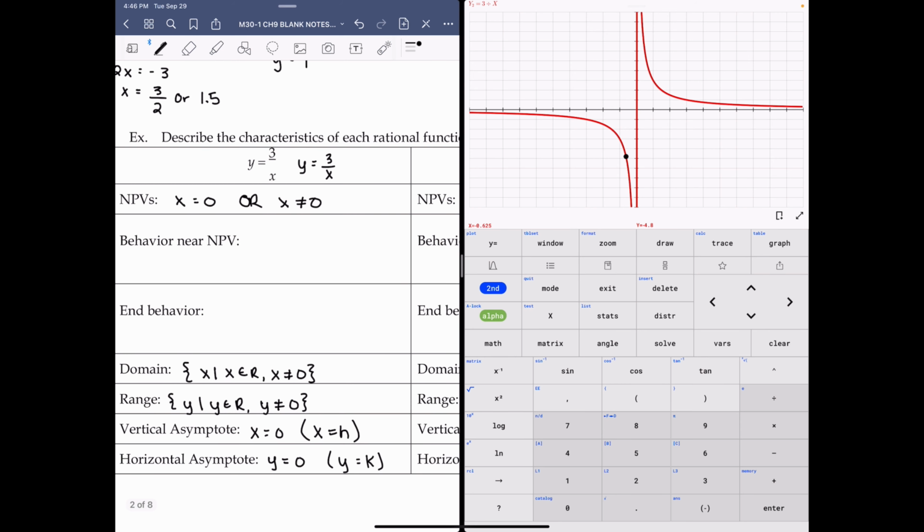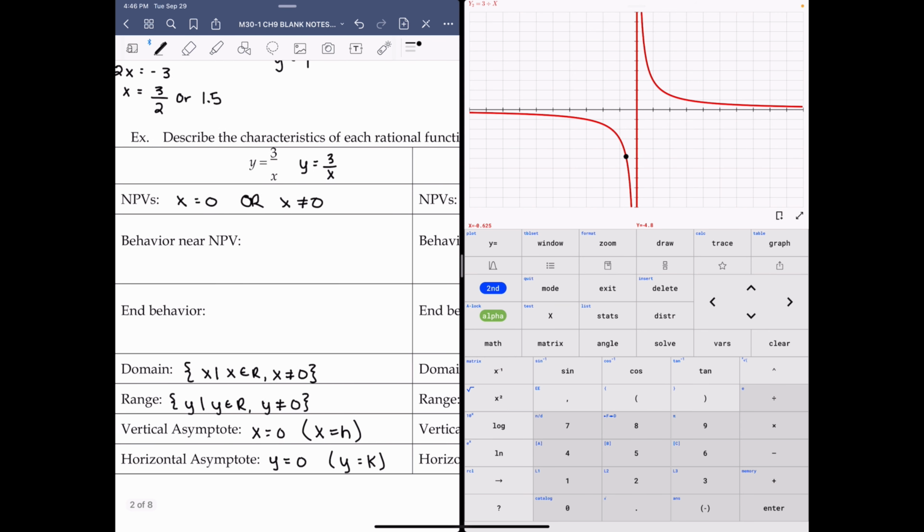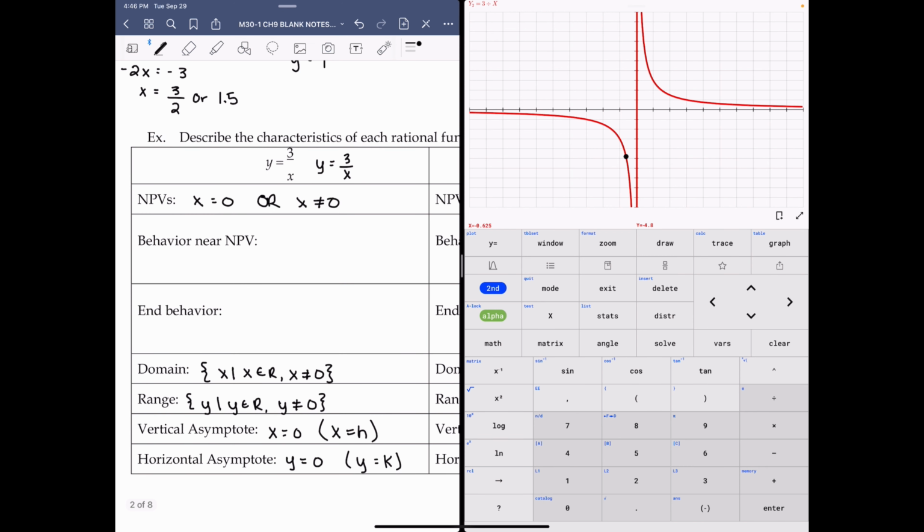All right, so behavior near the non-permissible value. The non-permissible value is what makes the denominator equal to 0, which we said was 0 for x. As x approaches 0 from the right, what's happening to the y values? They're getting bigger and bigger, and they're going to keep getting bigger.